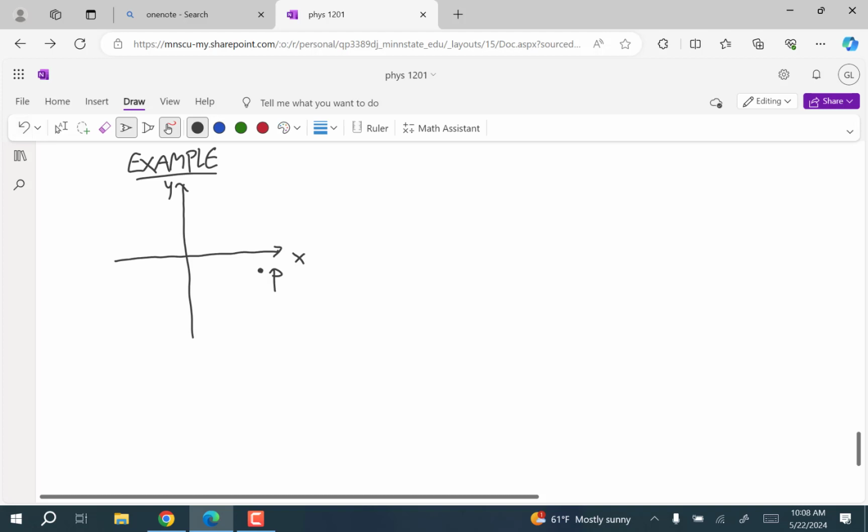So instead of being given the distance from the origin to P, let's say that what we know is this length. We don't know this length. We don't know this length, but we do know that this angle is 10 degrees. Okay, so let's say that we're given that the length of that green line is 4. And so the question is, can we calculate the coordinates of that point P?